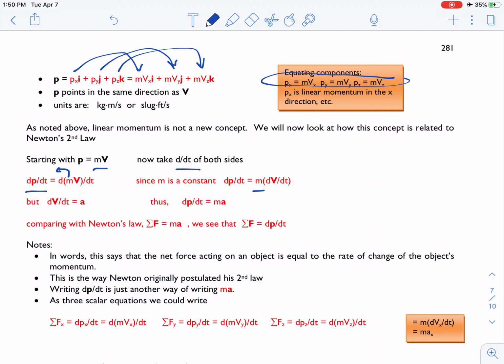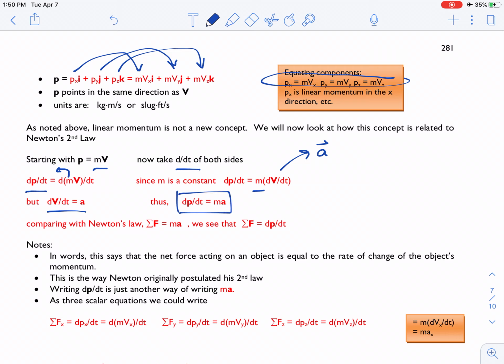But what is dv over dt? That's the change in velocity over time, right? That's the definition of acceleration. So that's what we're writing here. And then that will mean dp over dt becomes m times a. So mass times acceleration, okay?